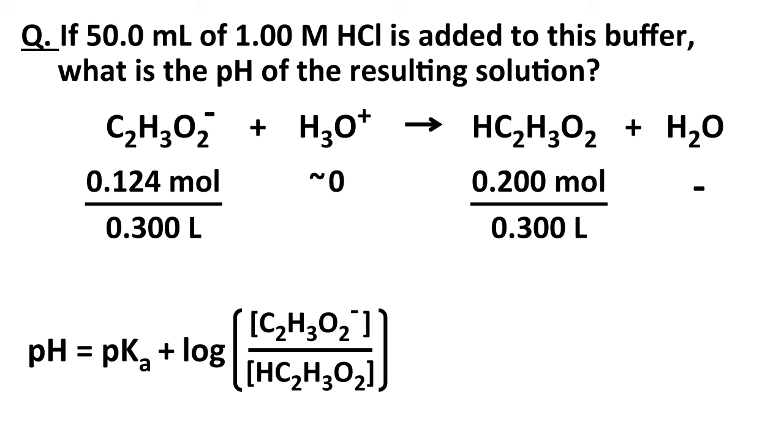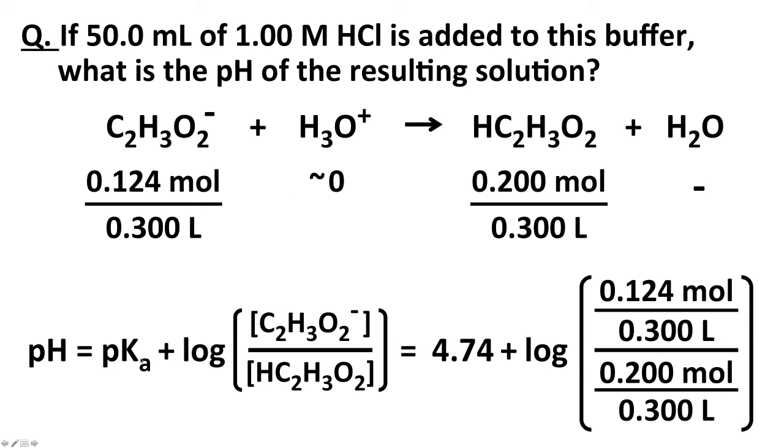And we can use the buffer equation again. And once again, pKa is the negative log of the Ka for the weak acid. And here, explicitly writing out the whole ratio of the moles per liter of the acetate ion concentration and the moles per liter of the acetic acid concentration.